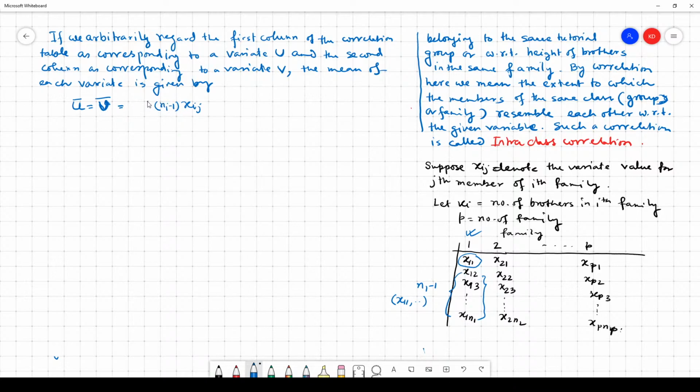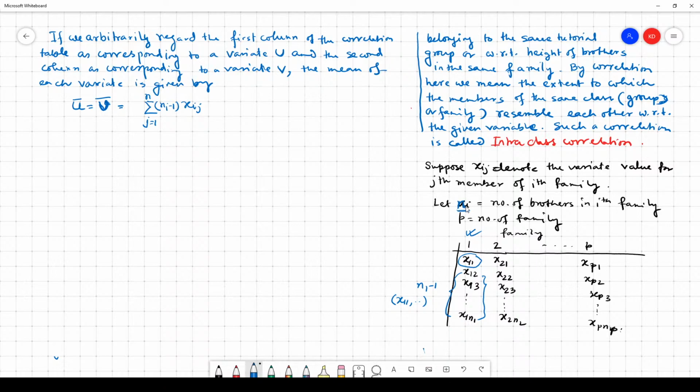this means, if you add this thing, that is j from 1 up to ni, sorry, this is not ni, please rectify this. I consider ki as the number of brothers; instead of ki you write ni.